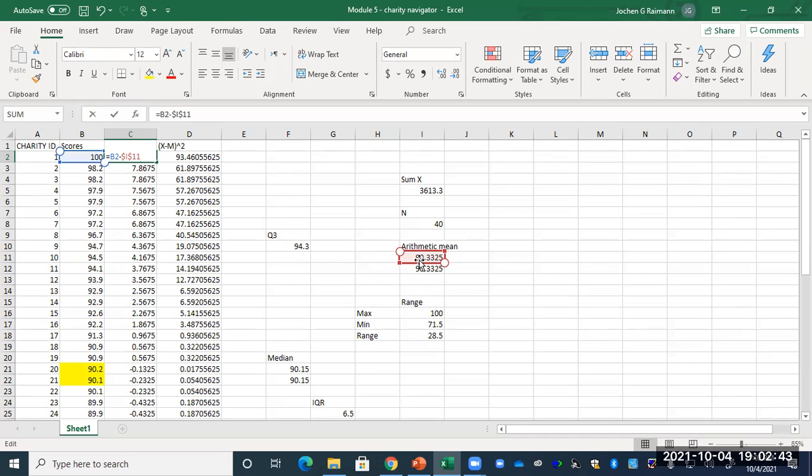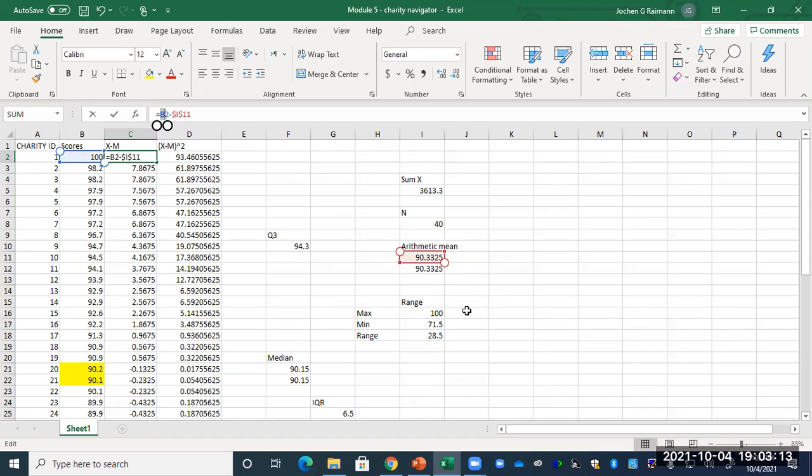Okay, so try B2. Go on C2 and write B2 minus dollar column of where the arithmetic mean is, dollar row where the arithmetic mean is. I will post a spreadsheet so you can look at it.